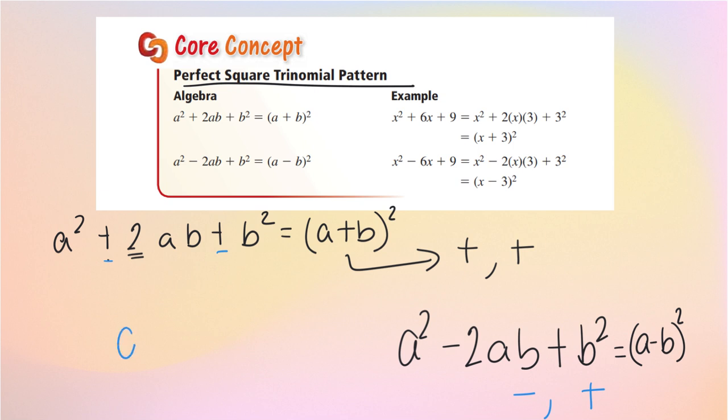If we were to foil a minus b times a minus b, the L in our foiling is going to become negative and negative, which gives us a positive number. Here we know that b times b, when both are positive, is still positive. So the best method to realize is if you have a plus sign in front of b in the trinomial, or a minus sign, you're going to have both positives in the plus case, and in the negative case, a negative and a positive.